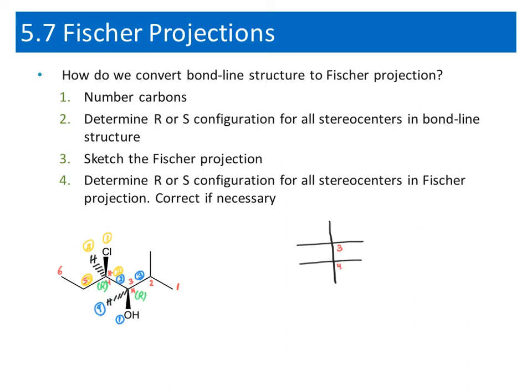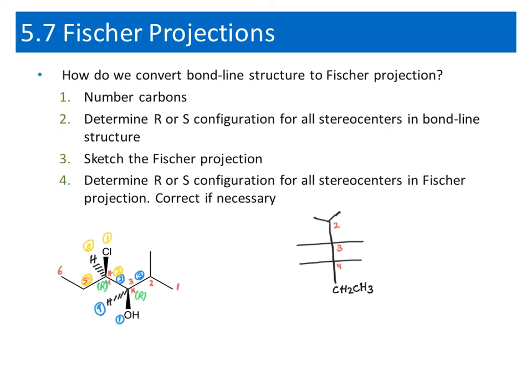Now to carbon number 3, I have carbon 2 attached, which has 2 methyl groups attached. So this is carbon number 2 with 2 methyl groups. And to carbon number 4, I have an ethyl group attached. So I can draw it as CH2, CH3.